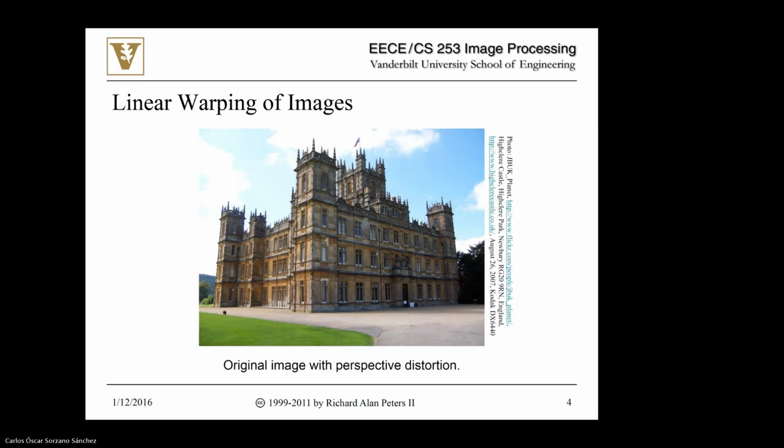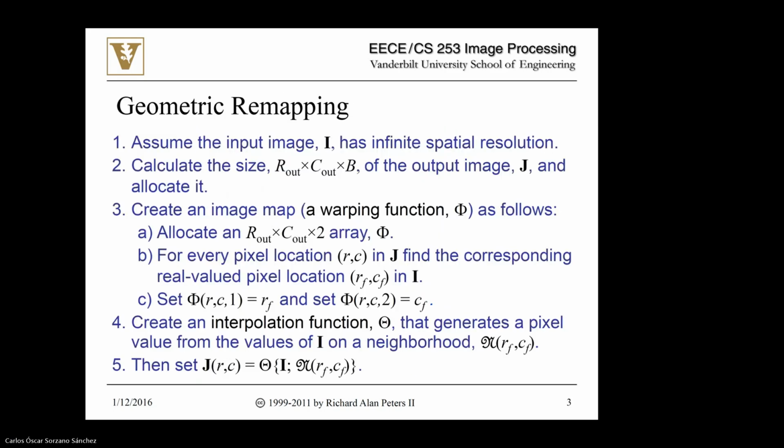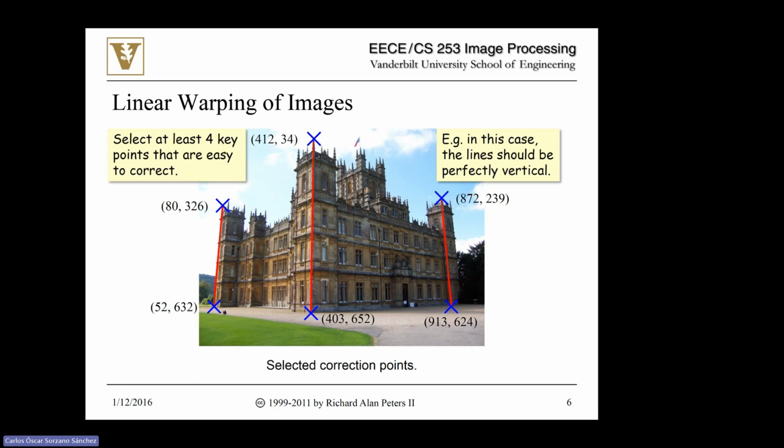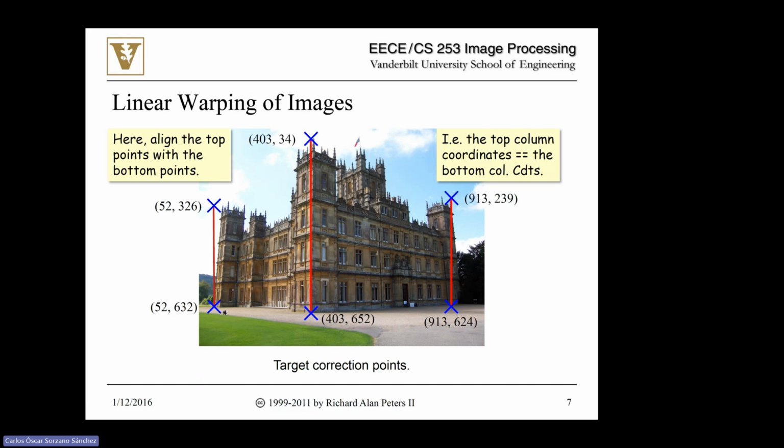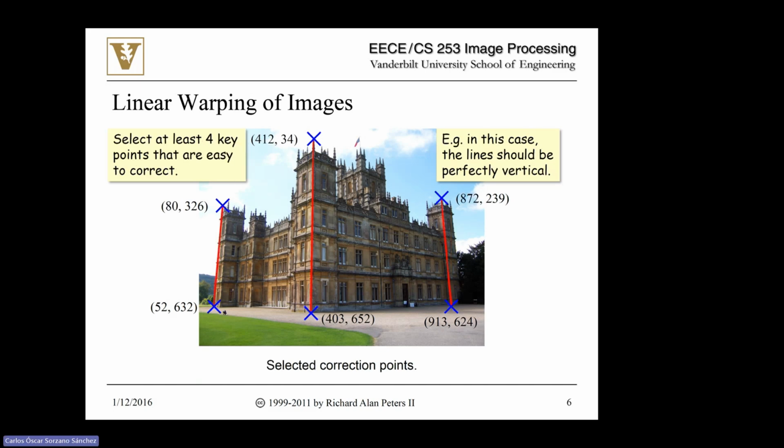So you see, this point will stay fixed. It doesn't move, so it has the same coordinate. And for this one, the y will be the same, but the x will move.